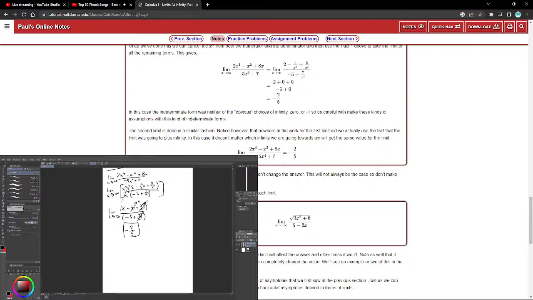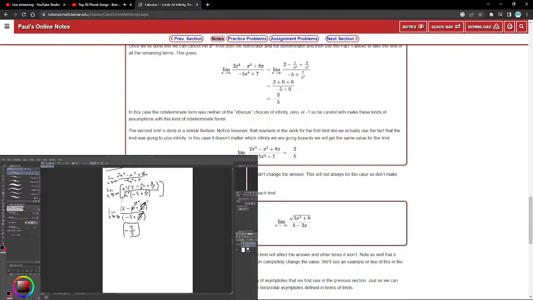In this case, the indeterminate form was neither of the obvious choices of infinity, 0 or -1. So be careful with making these kinds of assumptions with this kind of indeterminate form. The second limit is done in a similar fashion. Notice, however, that nowhere in the work for the first limit did we actually use the fact that the limit was going to positive infinity.